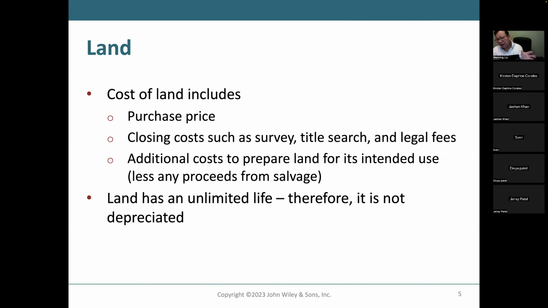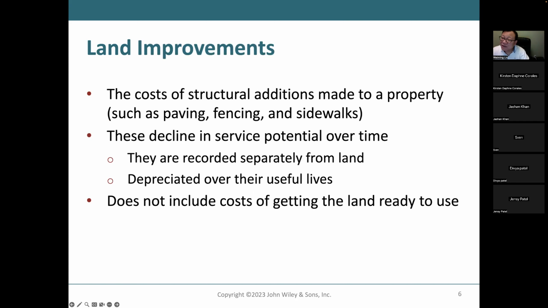What is really valuable is the land. In Vancouver, British Columbia, land prices have gone up very fast, which is probably mostly what is driving the housing price up. So land, remember, because it has unlimited life, we do not recognize depreciation for land. Does anyone have any question?